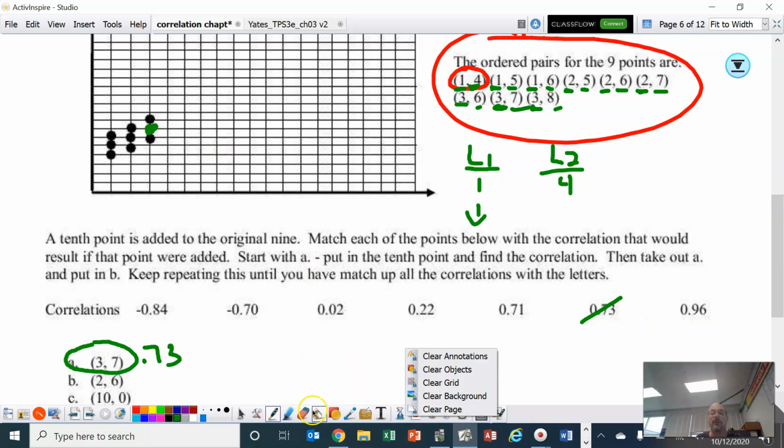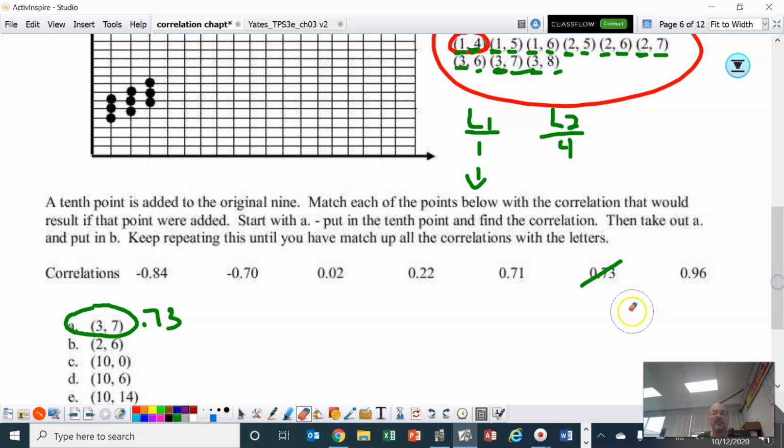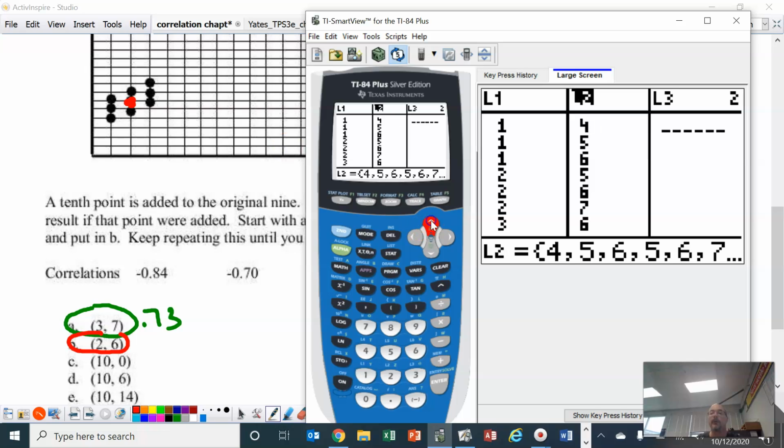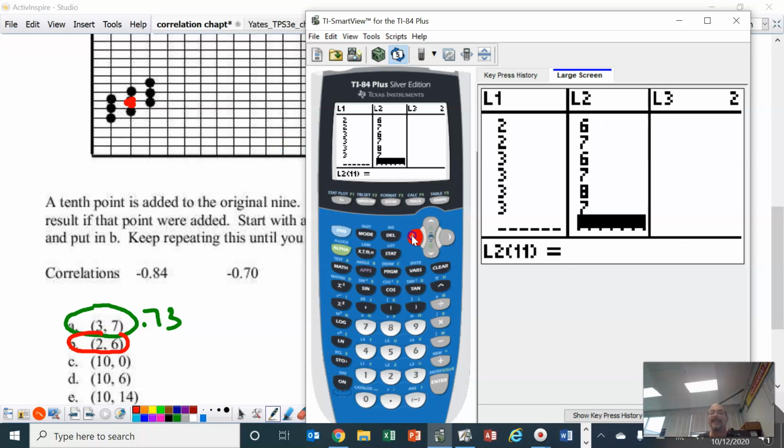Okay, now what I'm going to do is take out that dot, and now I'm going to put in the 2, 6. Let's see, I'll do that one in red, the 2, 6. So over 2 up 6, that's right there in the center. All right, so now I'm going to replace the 3, 7 that I added, and make that a 2 and a 6.